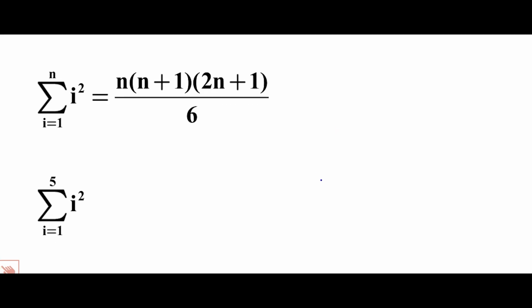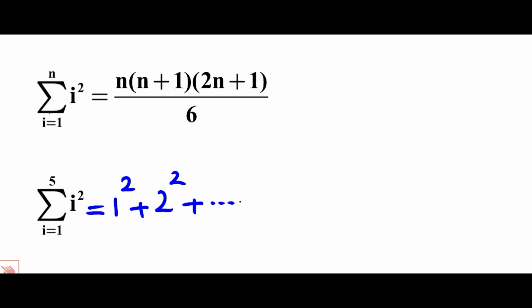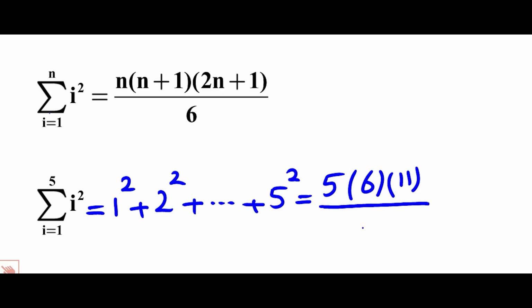Number 2, sum of the squares. The sum of i squared from i equals 1 to n equals n times (n plus 1) times (2n plus 1) over 6. For example, the sum of i squared from i equals 1 to 5 equals 1 squared plus 2 squared plus up to 5 squared equals 5 times (5 plus 1, which is 6) times (2 times 5, which is 10, plus 1 is 11) over 6.